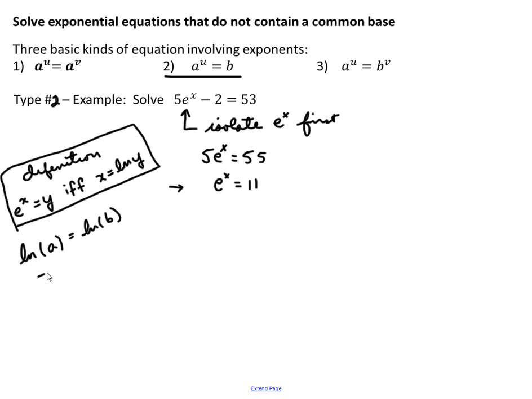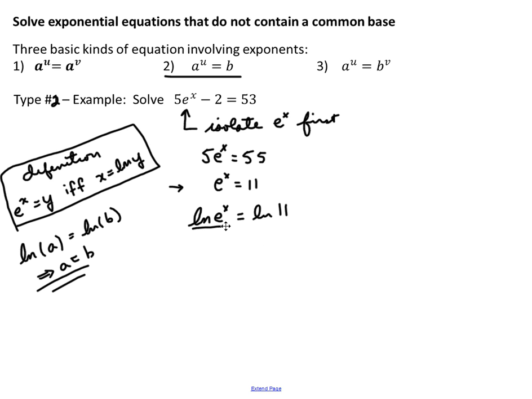Well, it will be because a is equal to b. Because a natural logarithm, like an exponent, is a one-to-one function, that must be the case. So one thing we could do right here is say, well, let's take the natural log of both sides equally. So the natural log of e to the x equals the natural logarithm of 11.